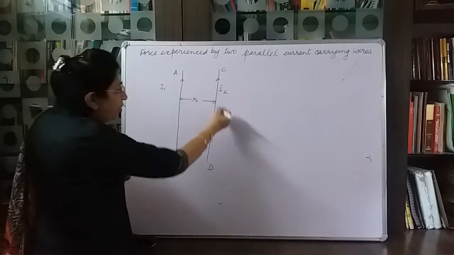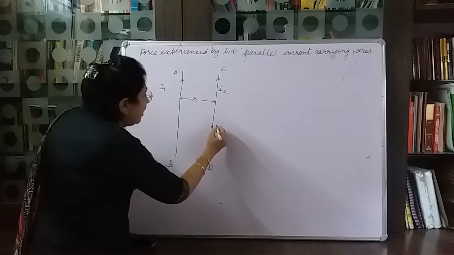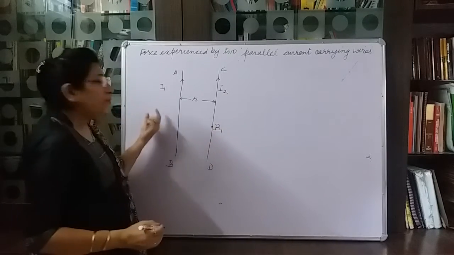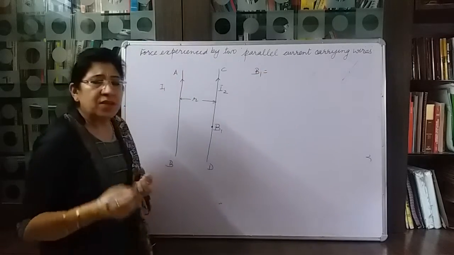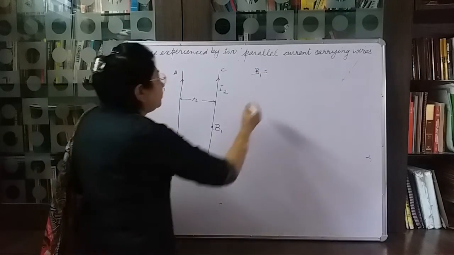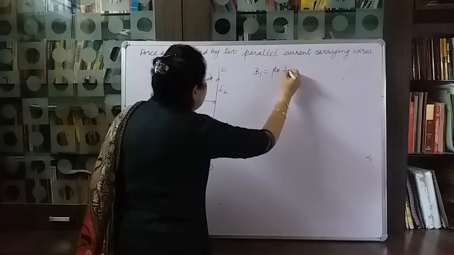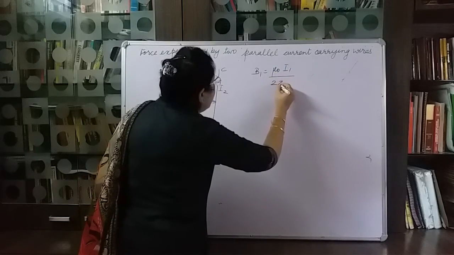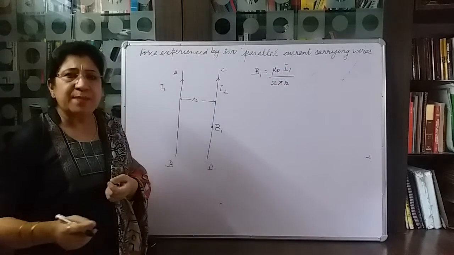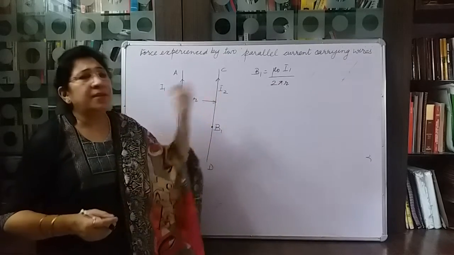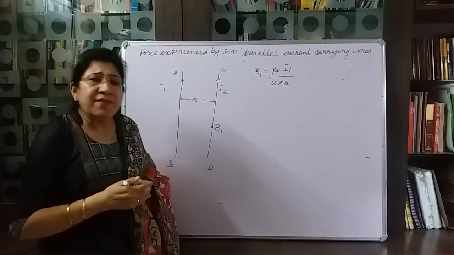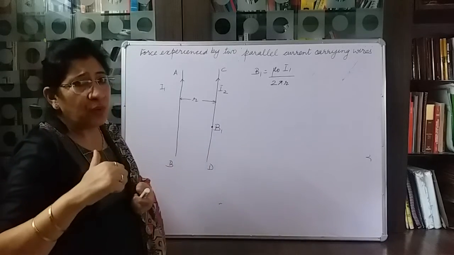At any point on the wire CD, the magnetic field due to I1, B1, due to a straight current carrying wire is mu naught I1 upon 2 pi r. This is the expression, and the direction of this magnetic field is given by the right hand palm rule.